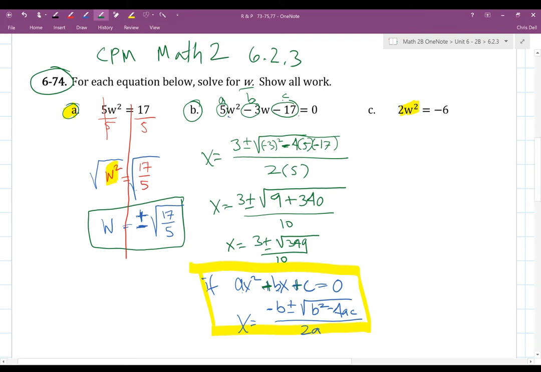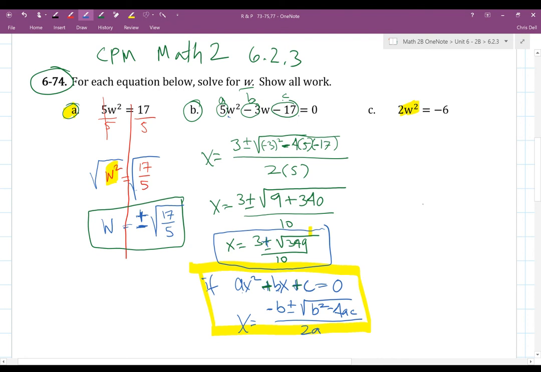We can leave our answer in exact form. And so in exact form, my answer is x is equal to 3 plus or minus the square root of 349 all over 10. And again, I could throw all this in a calculator, get 2 approximate answers, or just leave it exact.